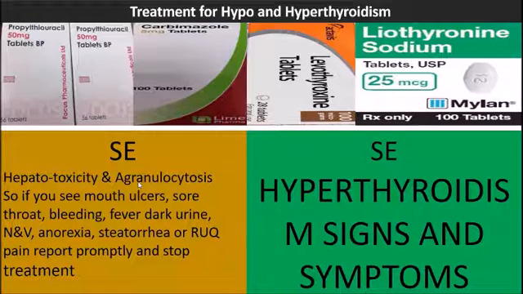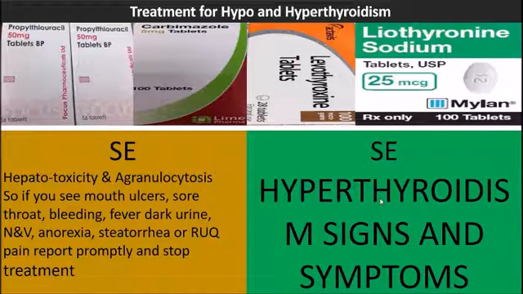Agranulocytosis is more associated with carbimazole, although the propylthiouracil can also cause agranulocytosis, and the hepatotoxicity is mostly associated with the propyl, although the carbimazole could also cause hepatotoxicity. So if you see all these symptoms, it's very important to educate the patient to report these.